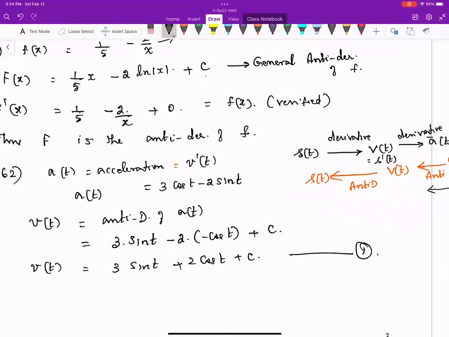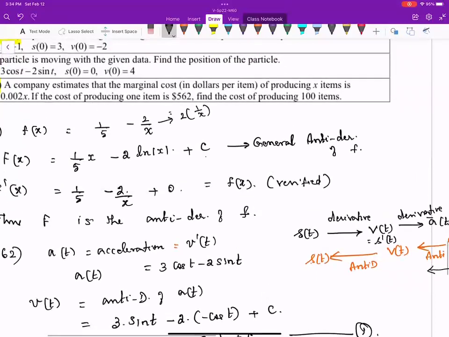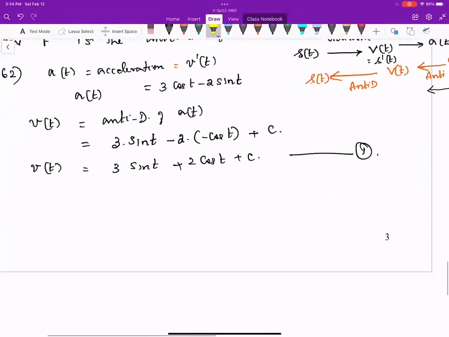So in this particular problem, we have a relation given to find out the constant. The relation that is given is v at 0 equal to 4. So we will use that, v at 0 equal to 4. 4 equal to v at 0. So I'm replacing the t with 0. That is the input.